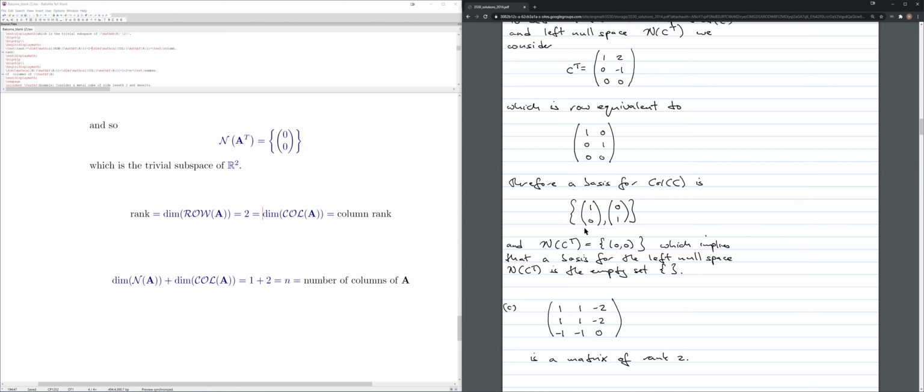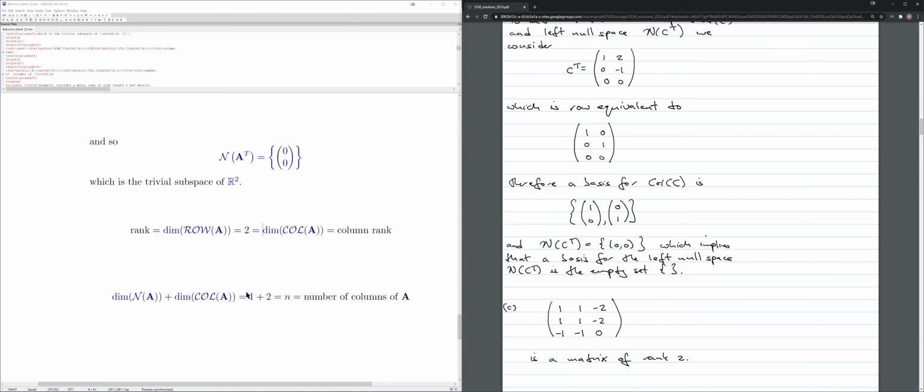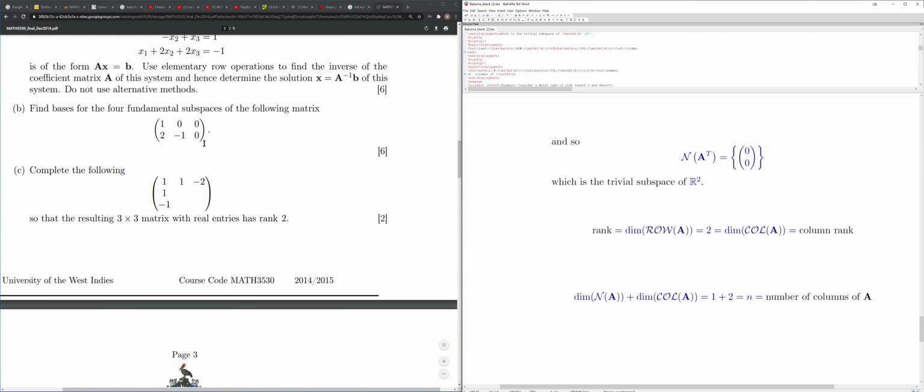So the dimension of the column space is 2. So I have 1 plus 2, and that's supposed to be equal to the number of columns in the matrix. And the number of columns in my example matrix here is 3.